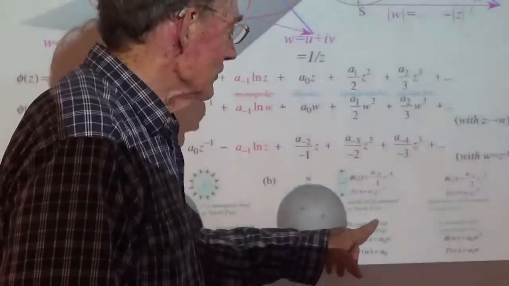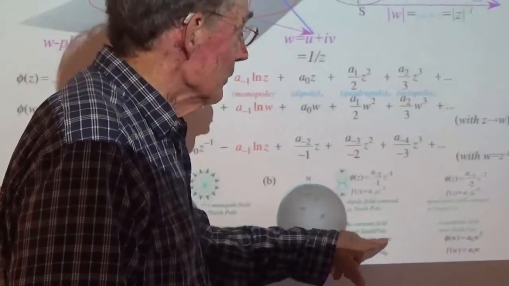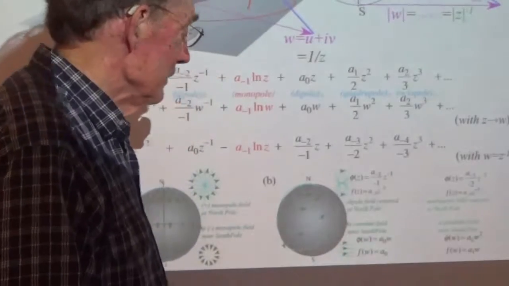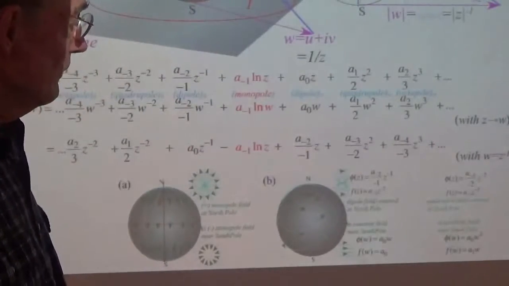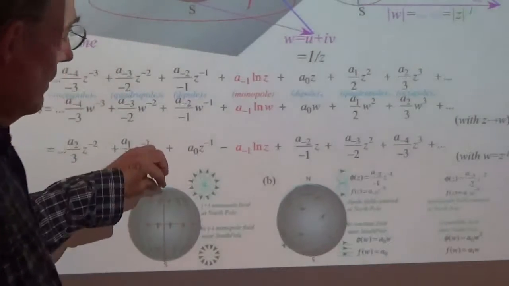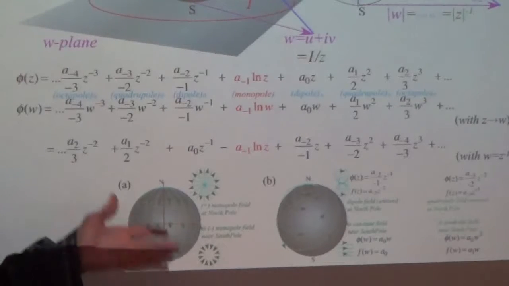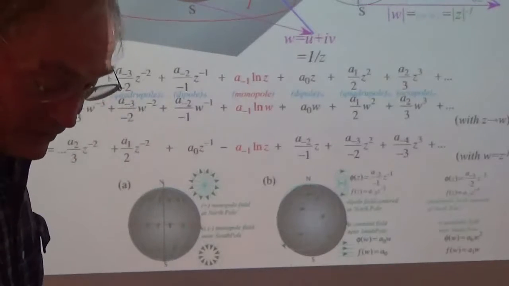Well, it's a constant field there. Phi equal to w gives that. And so forth. Each of these things gives something that's associated with it on the other side of this globe.